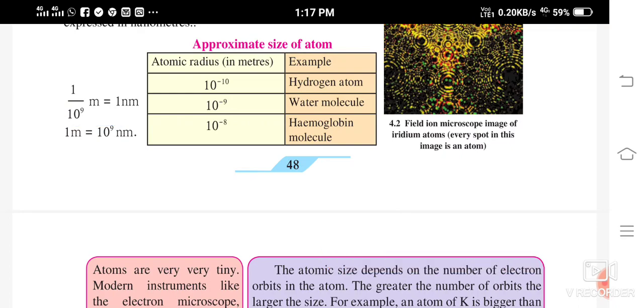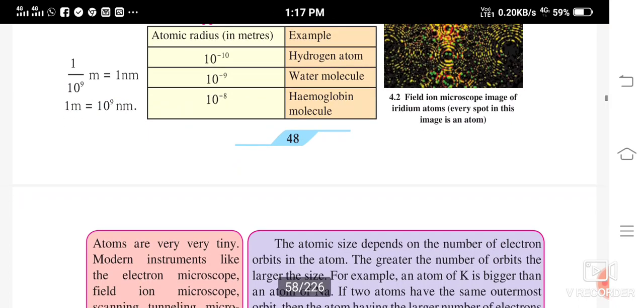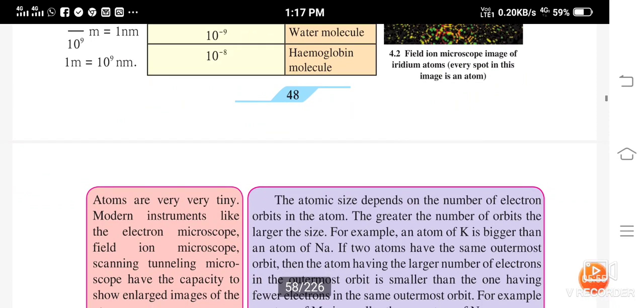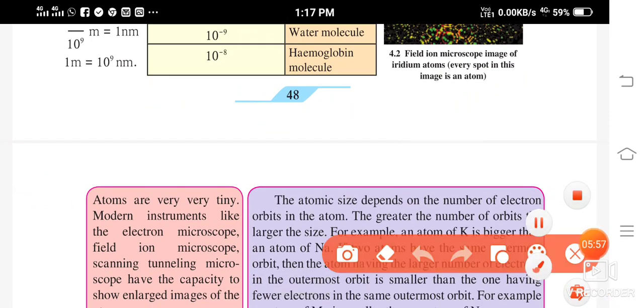This is important. Remember, 1 meter is equal to 10 to the power of 9 nanometers. So 1 nanometer is equal to 10 to the power of minus 9 meters. Okay, so this unit is important.